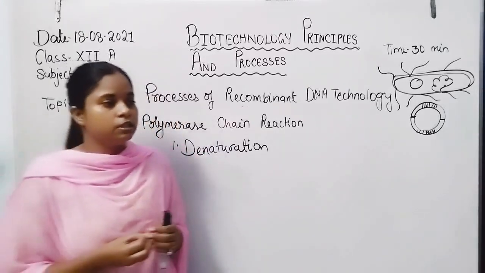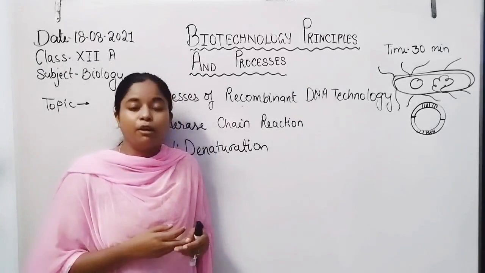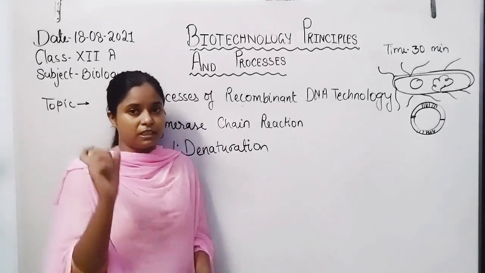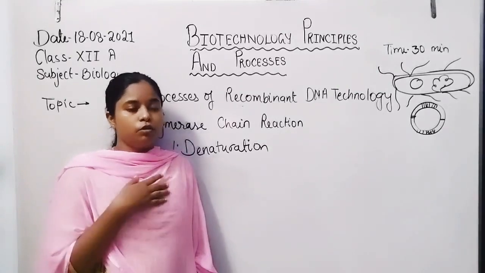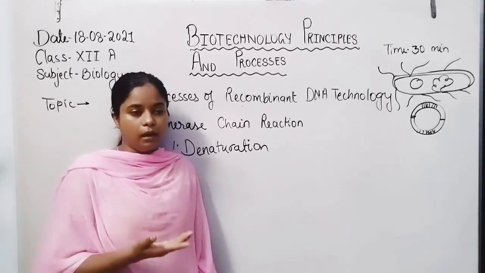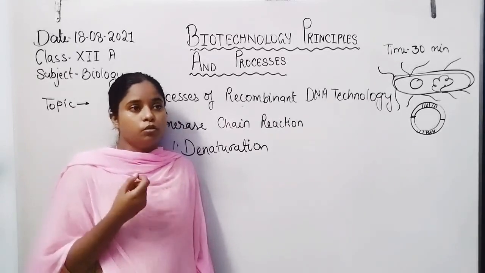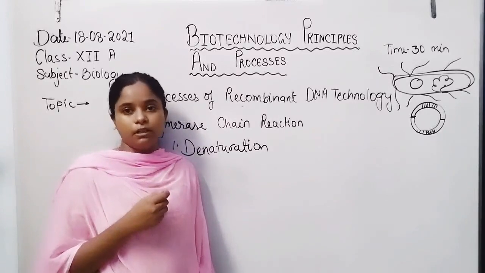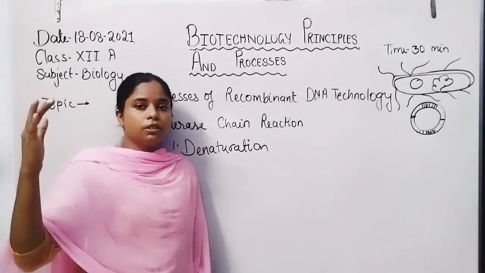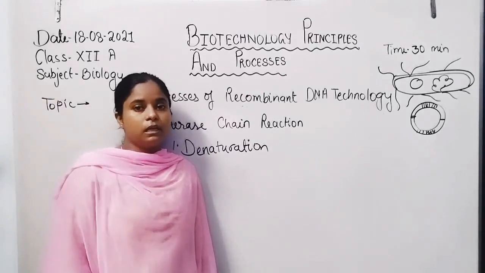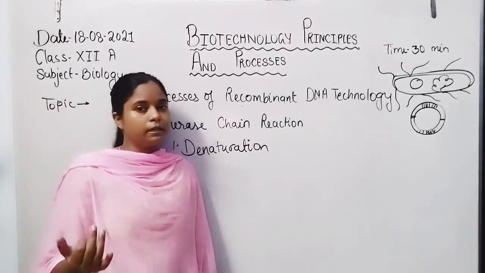As we already studied in biomolecules, enzymes only work at a specific temperature. Human enzymes only work at 37 degrees centigrade. If the temperature increases or decreases from 37 degrees centigrade, the enzyme loses its activity.